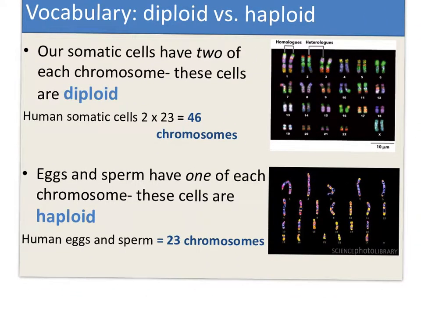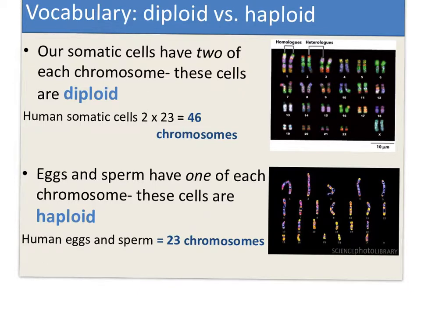Okay. Now, gametes, eggs and sperm, they only have one of each chromosome. That means that they're haploid, not diploid. So, one of each chromosome, one of the 23, and the 23rd chromosome is either an X or a Y. Okay?